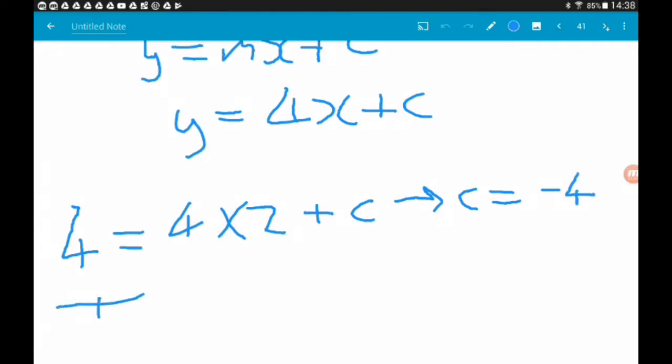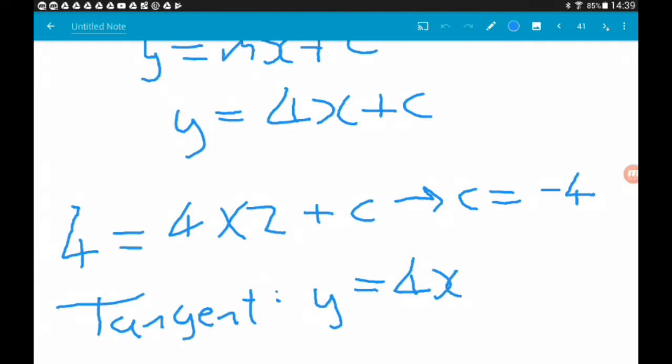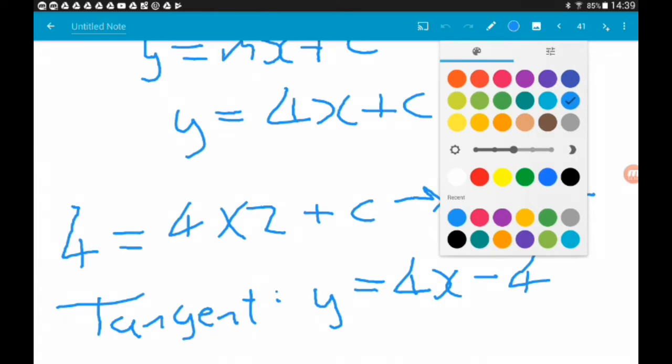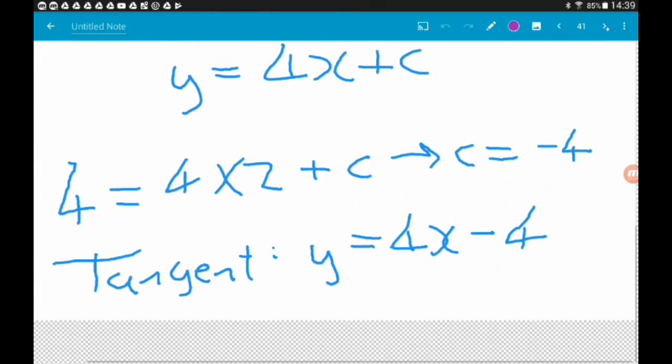So the tangent is y equals 4x minus 4. That's the equation of our tangent to y equals x squared at the point P with coordinates (2, 4).